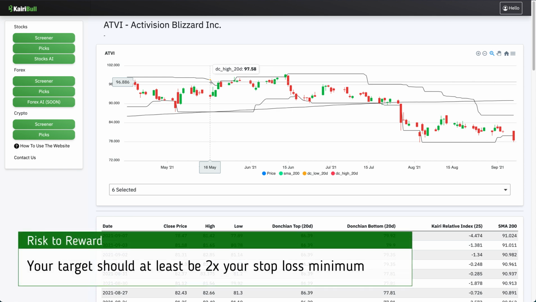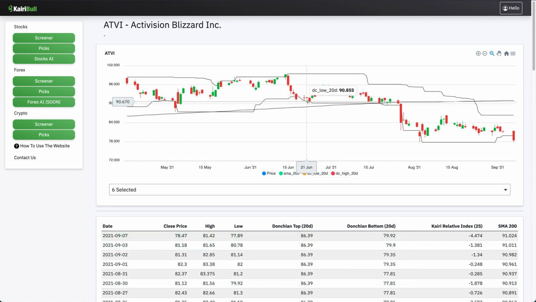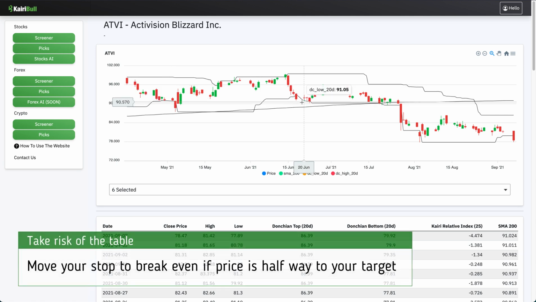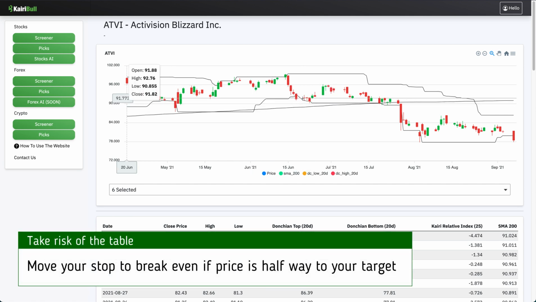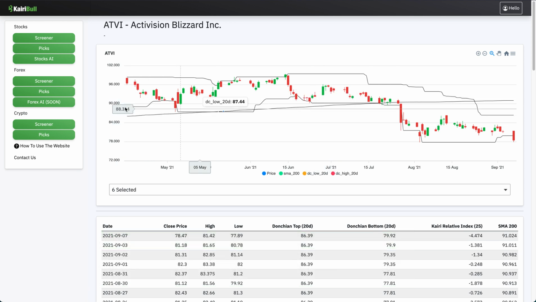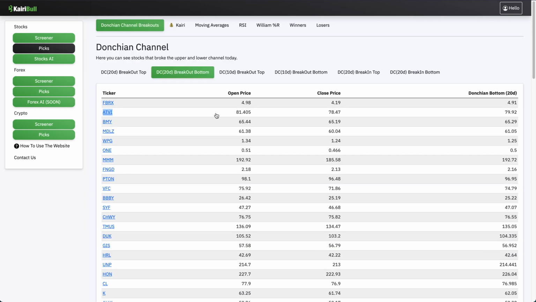So $3 is roughly 2%, I think. Here would be the same, another entry, and this one we're gonna talk about when the price moves a lot in the direction you want. You can move the stop loss to break even, so you don't have any risk anymore. But we're gonna talk about that.